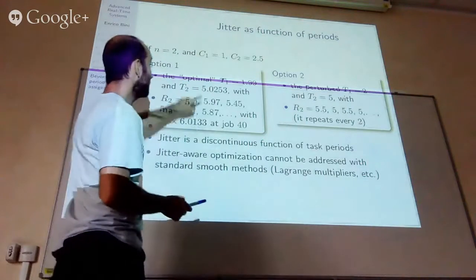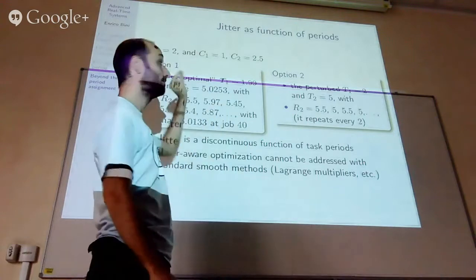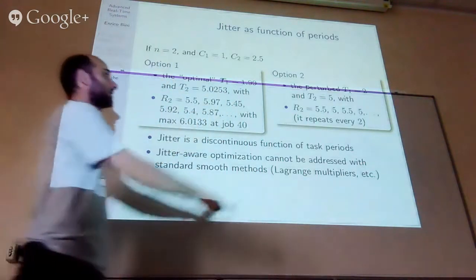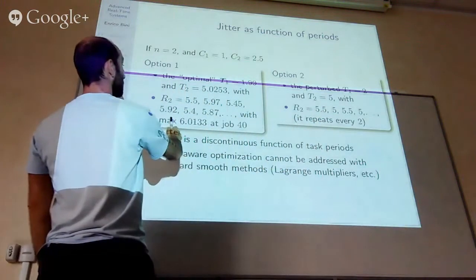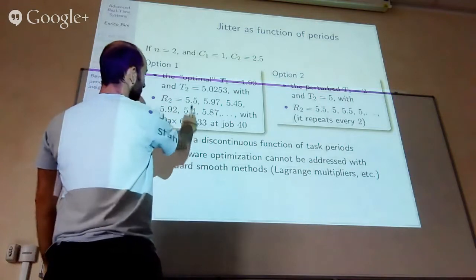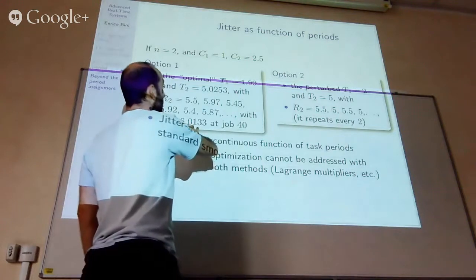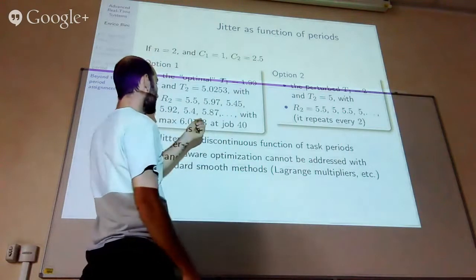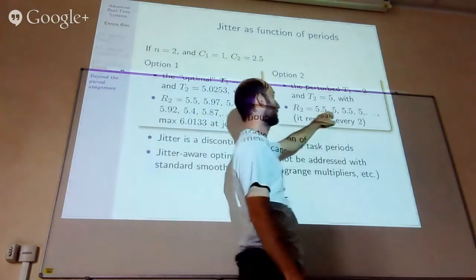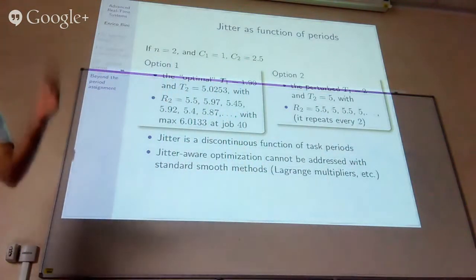By making a very small perturbation of task periods, we achieved a very big jitter variation. Here the jitter is 0.5, and there it's close to 0.5, but the response time jumps, because the worst-case response time here is 6 and here is 5.5. So you have a big variation of the response time pattern with a small variation of periods.